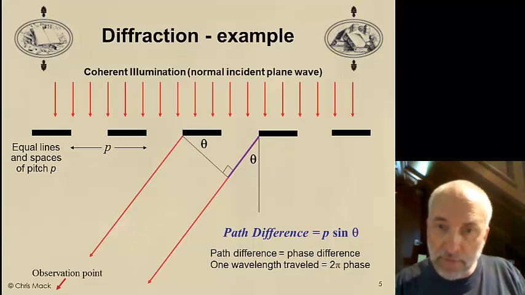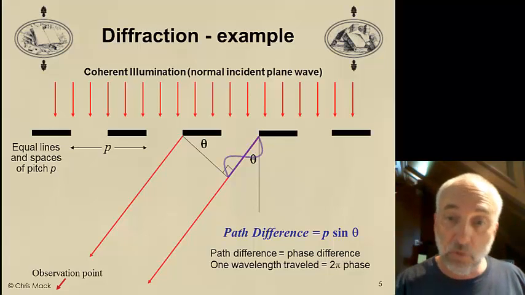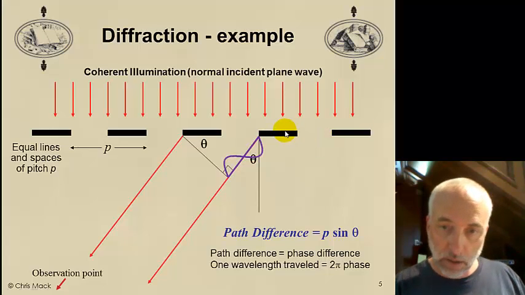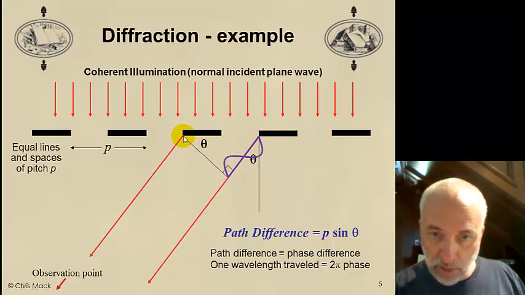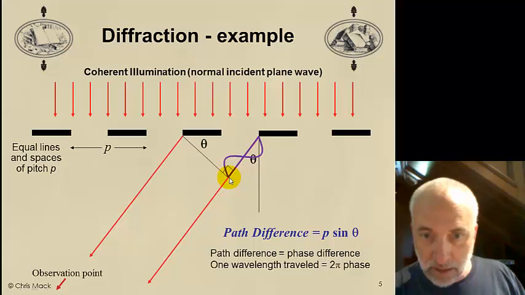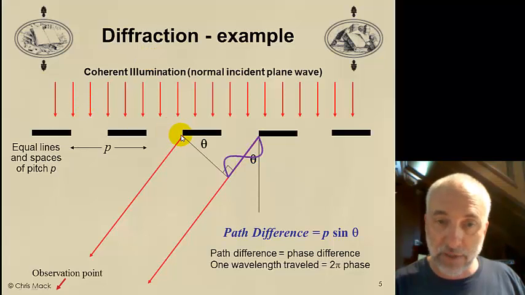So what if this particular path difference happened to be exactly equal to 1 wavelength? Well, the light at this point and at this point are in phase because my normally incident plane wave says they are. If this light travels 1 wavelength farther, by the time it got to this point, it would be back to being in phase again. From this point on, it travels the same distance.